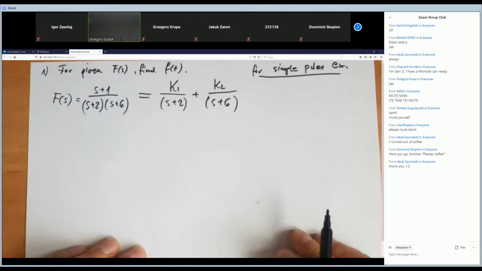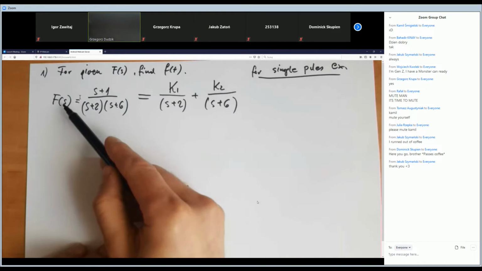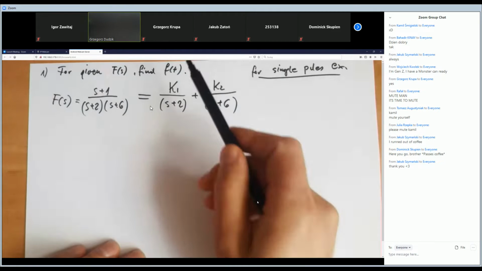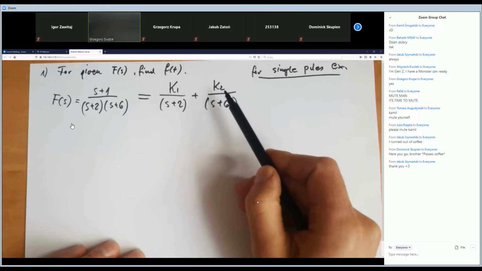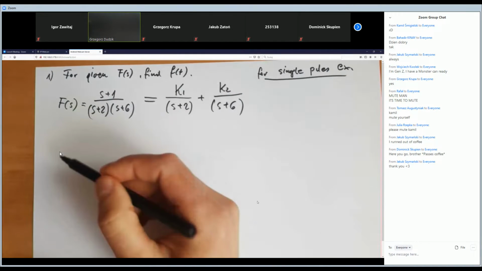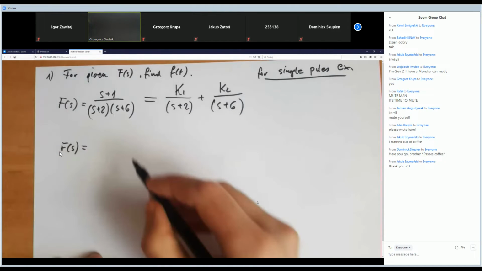If you wanted to express the F(s) function in that way, firstly we have to find the factors k1 and k2. How can we do it? Very simple.